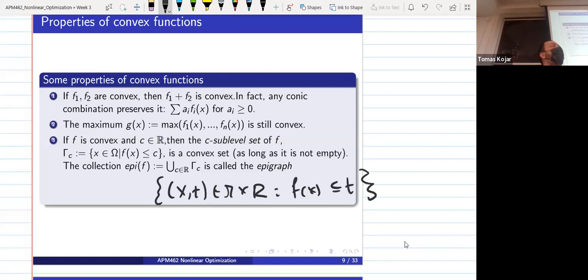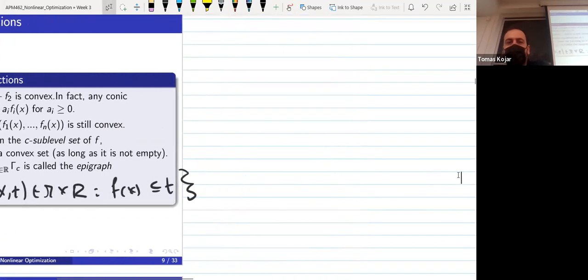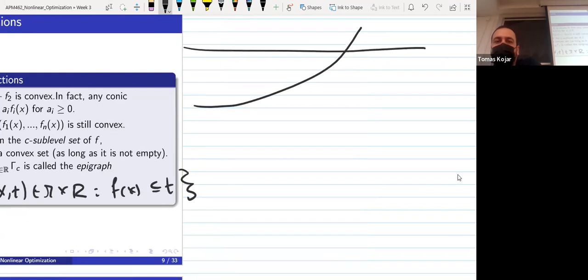Okay, so I know this will seem confusing. These are two different things. So let me draw sub-level set and epigraph. So we talked about, this is the sub-level set, log 100.